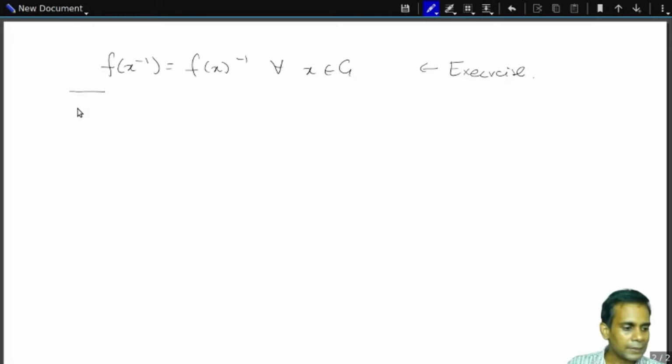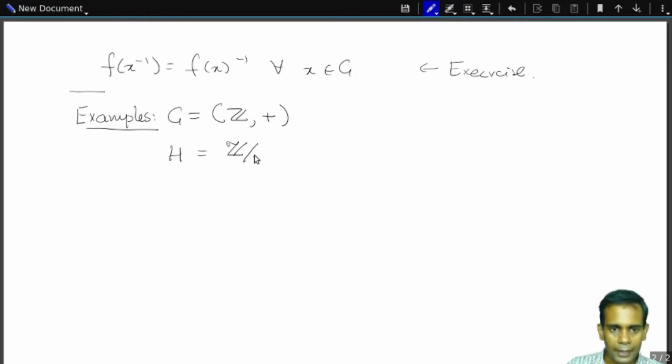And let's look at some examples to get a feeling for this. So look at the group Z with addition, and take H to be the group Z mod NZ, residue classes mod N with addition.